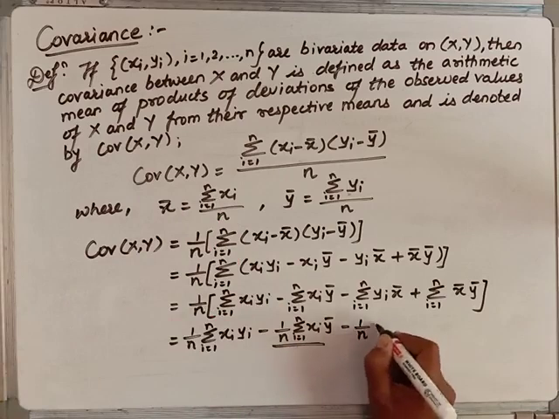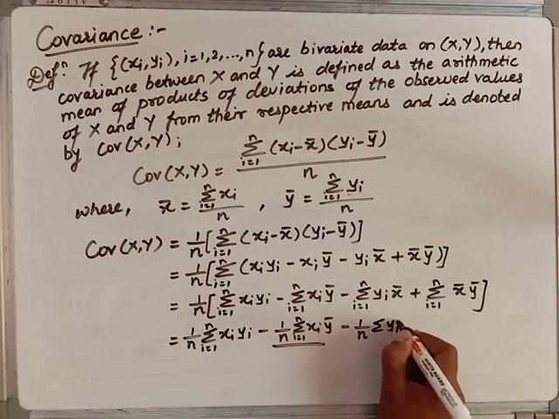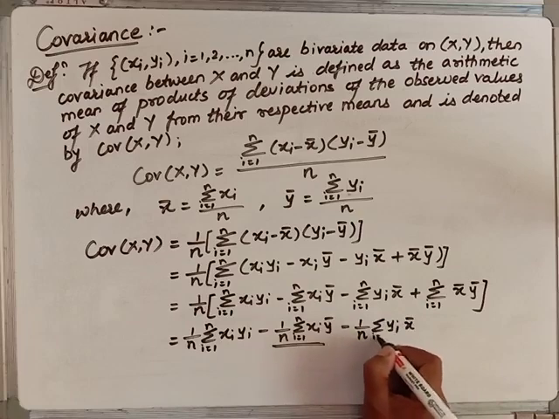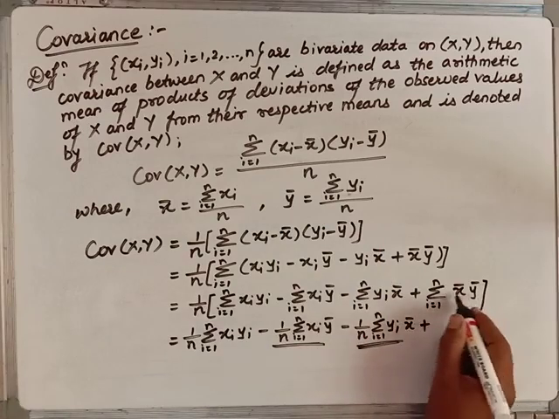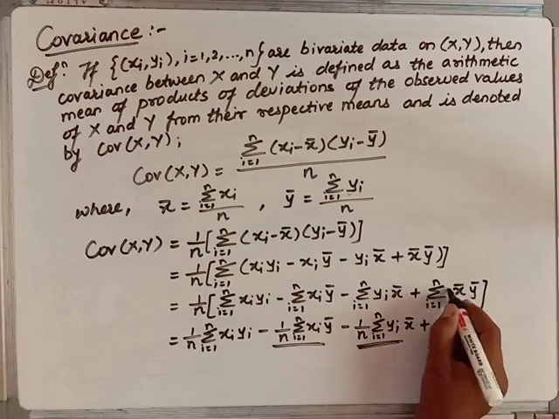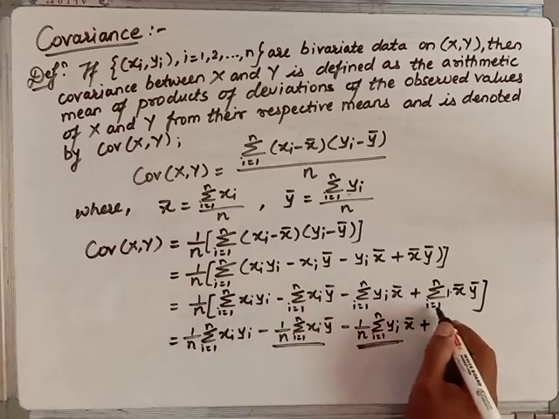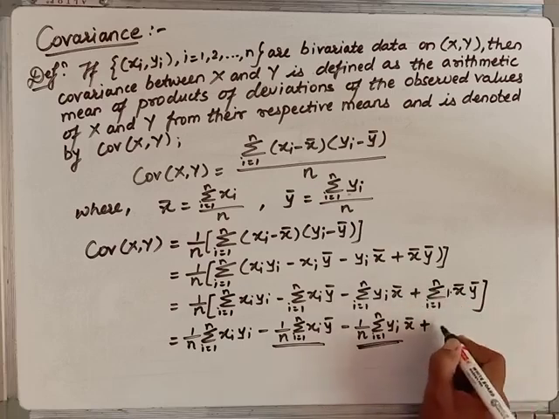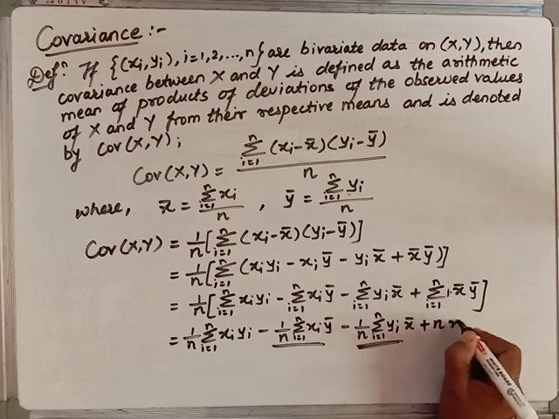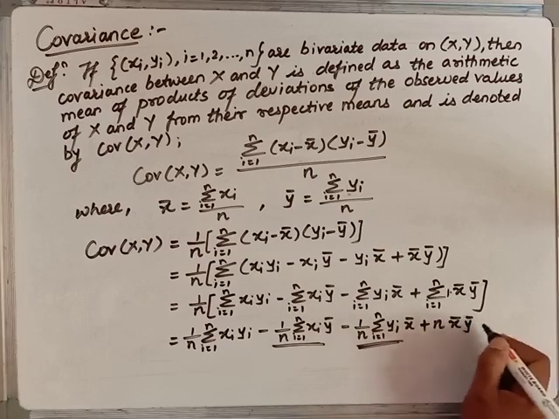Similarly, 1 upon n summation yi x bar, i goes from 1 to n, it is y bar x bar. Now both of them are independent of i, so here simply 1 is added how many times? n times. So the summation is an addition, and it will give us n x bar y bar.